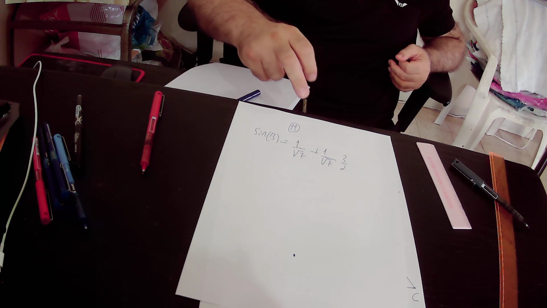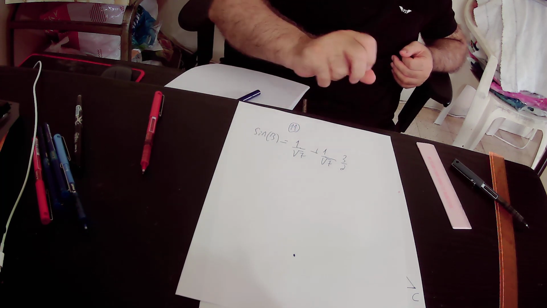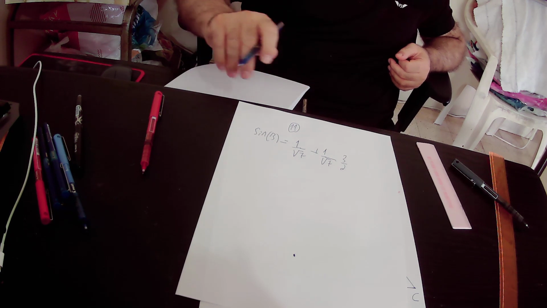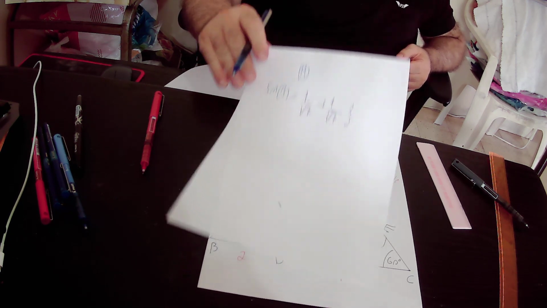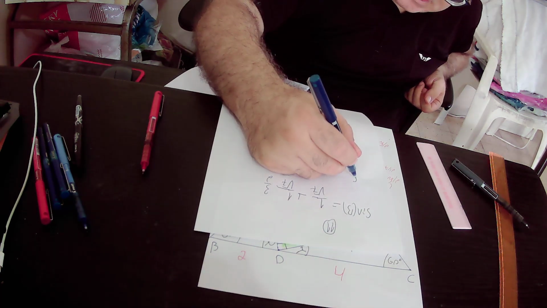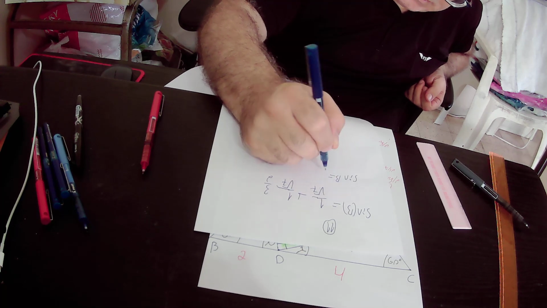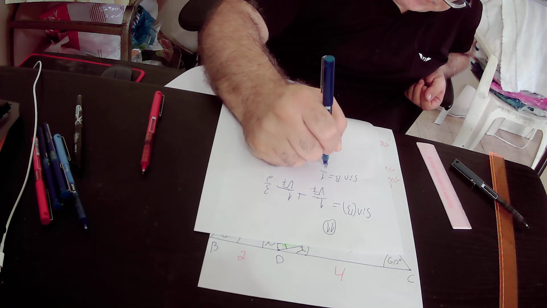Here we will take out 1 over root 7 as a common factor of this expression, and we will get that sinus beta equals 1 over root 7.